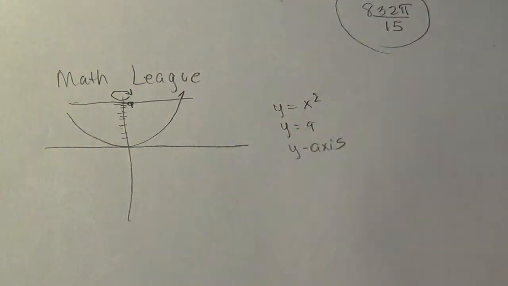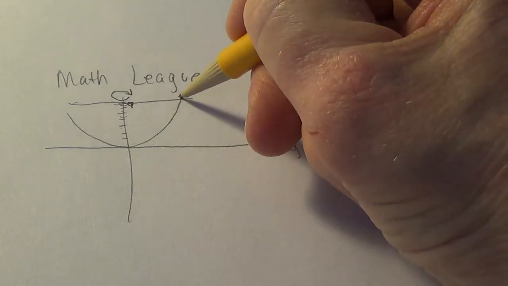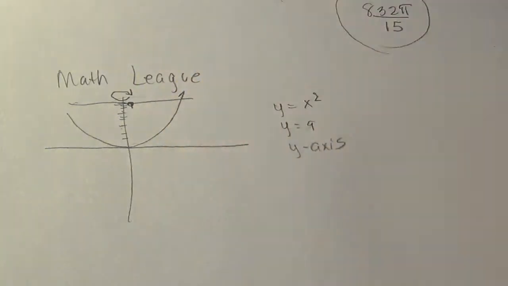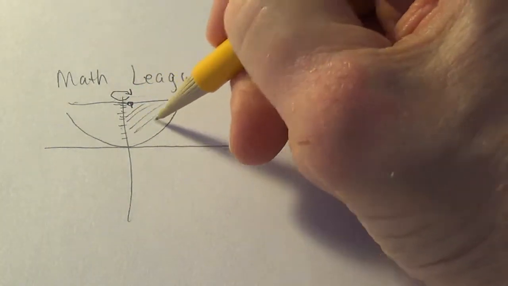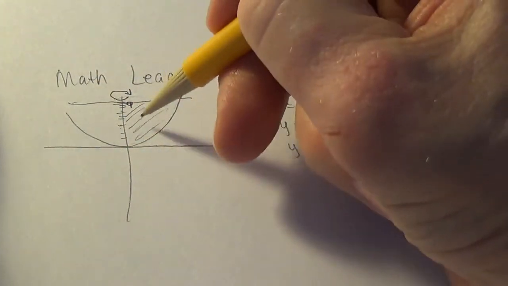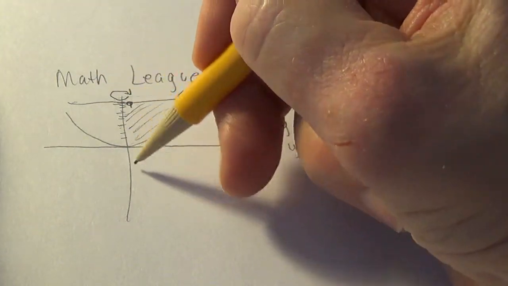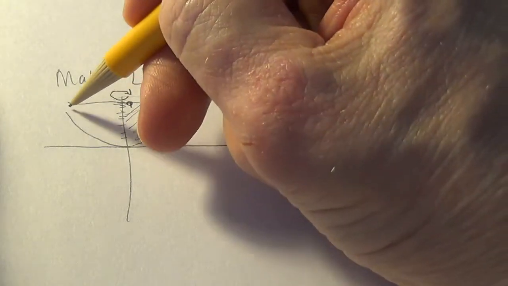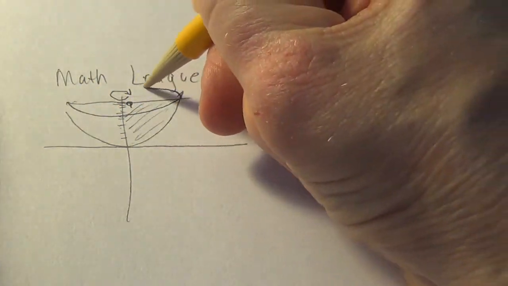I didn't think I was remembering right. And the y-axis. So the solid formed by rotating about the y-axis the region bounded by y equals x squared, y equals 9, the y-axis. So this area is going around the y-axis. So it's going to create a solid bowl.